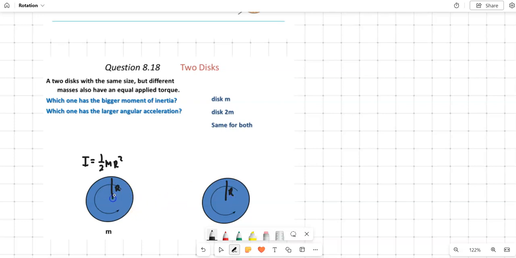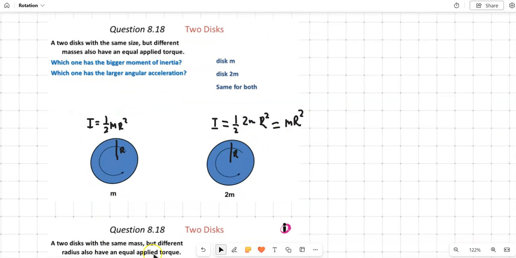But this other object over here has 2 masses on it, so it's got twice the mass, so its moment of inertia is 1/2 times 2m r squared, which works out to be m r squared. So which one of these two is larger, 1/2 m r squared or 1 m r squared? Obviously the object on the right has a larger moment of inertia.